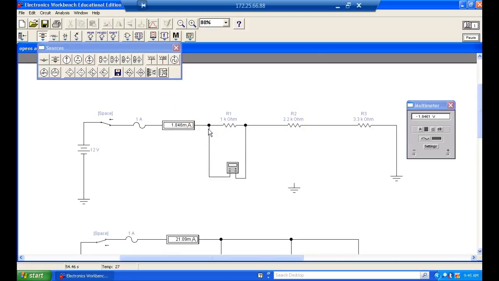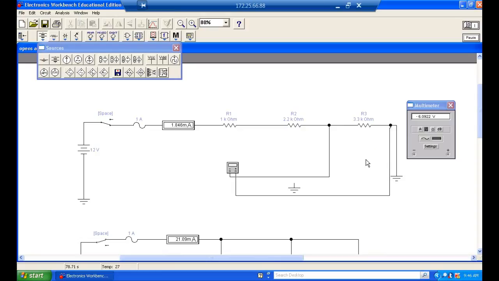And then I can come over and put it across this resistor, and this resistor is dropping 4.1 volts. So what you should notice is the bigger the resistor is, the more voltage that it drops. Then I'll move this lead right there, and that resistor is dropping 6 volts.